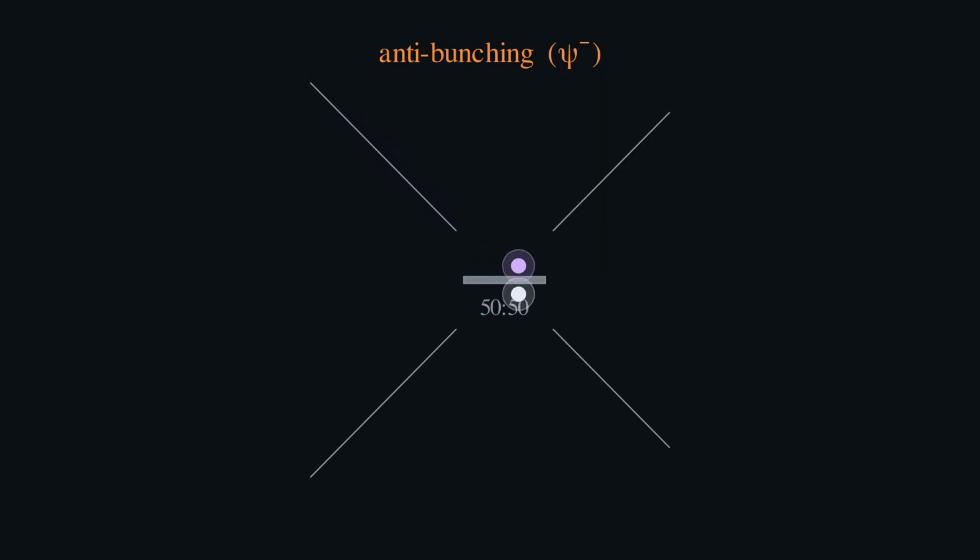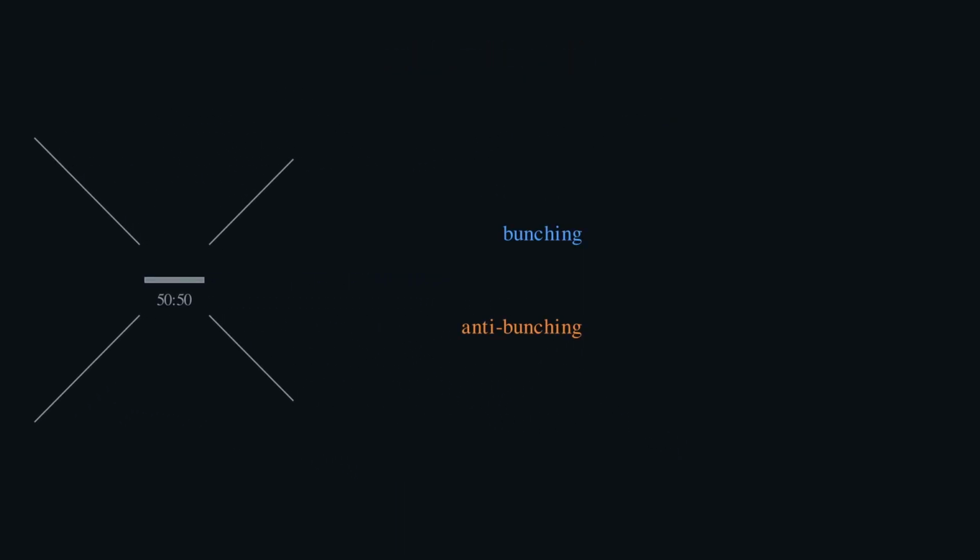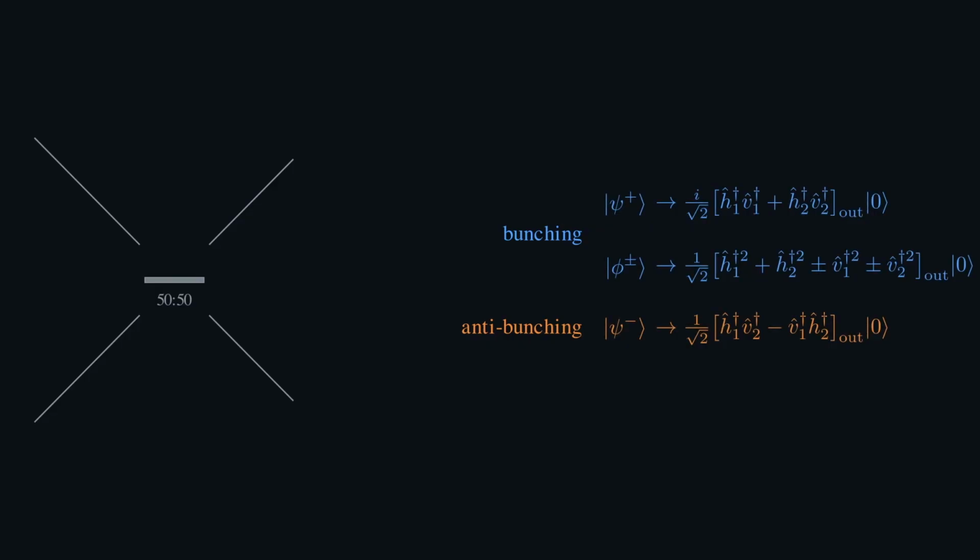If the two photons that are incident on a beam splitter are the two photons of a Bell state, you can run the input-output relations that are imposed by the beam splitter and identify instances of either bunching or anti-bunching. If we look at the psi plus state, we see an instance of bunching because the incident photons either both exit in spatial mode 1 or they both exit in spatial mode 2.